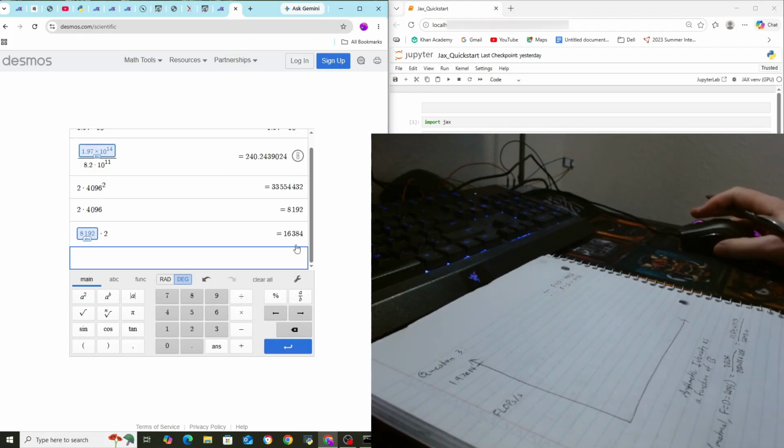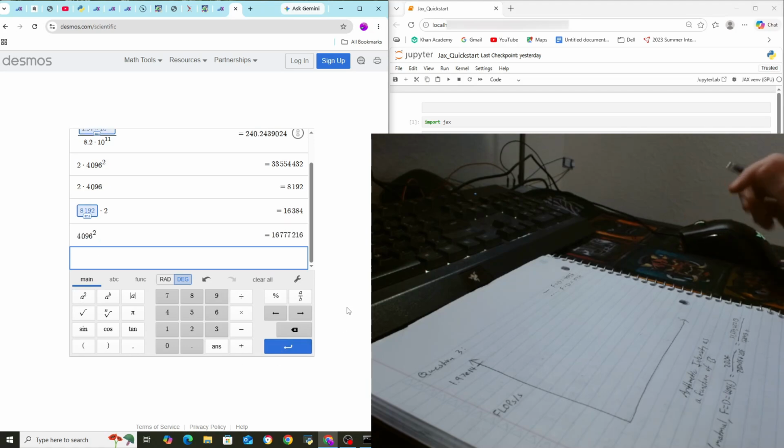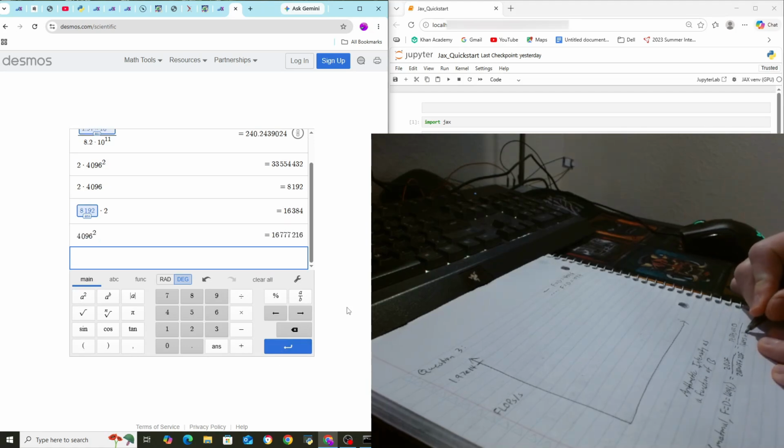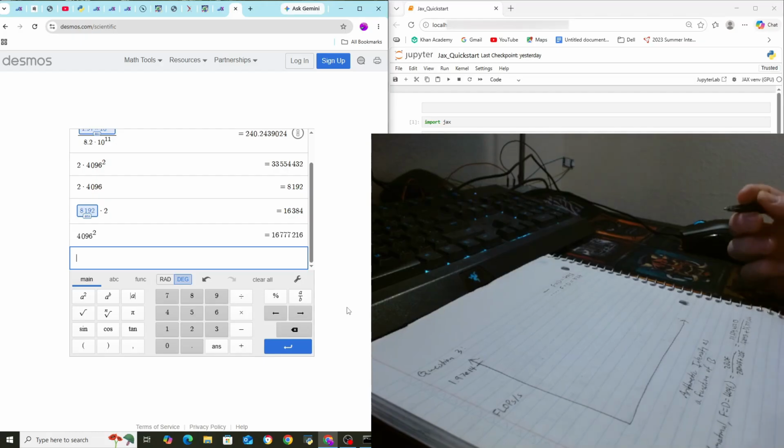then we need this. Wait, did I mess up? No. We want the thing squared, but not times 2. So let's just do this again. 4096 squared plus 16,777,216. Cool.